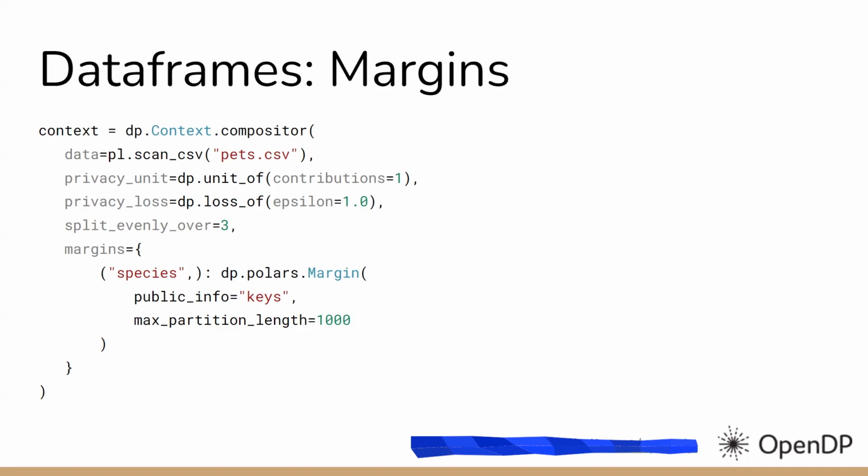We can also say that when grouping by species, we know that the max partition length is 1000. So there's never any case where the number of records corresponding to an individual species will be greater than 1000.